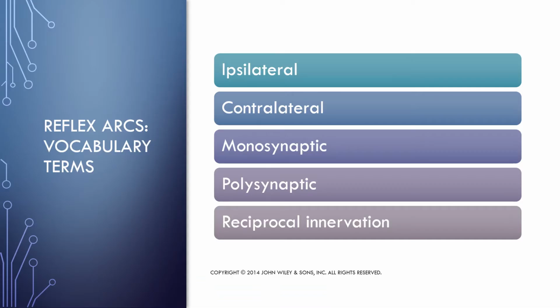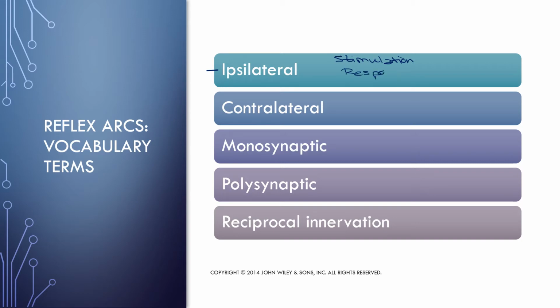Here are some terms that we need to familiarize ourselves with. First, we have ipsilateral reflex arcs, and these are reflexes in which the response occurs on the same side of the body that is stimulated. So we'll have a stimulation and then a response.